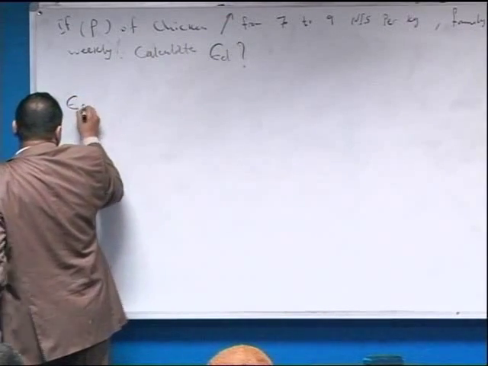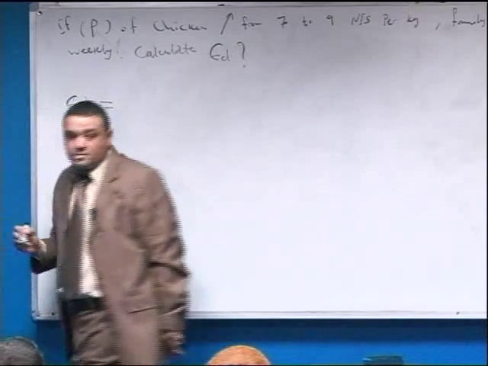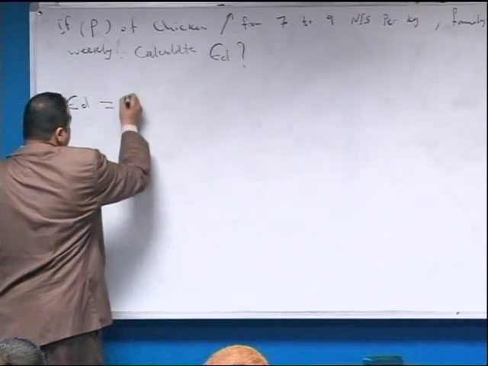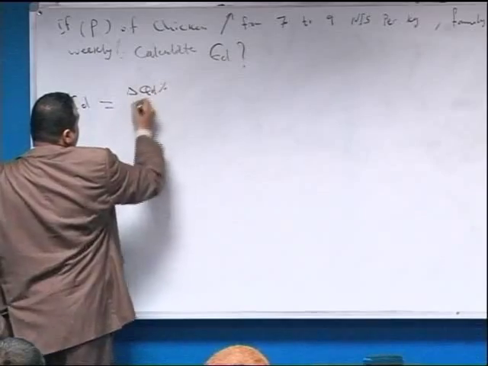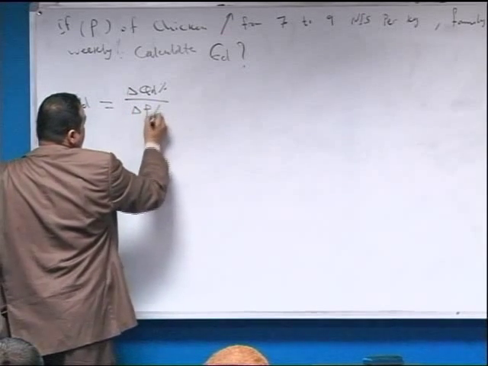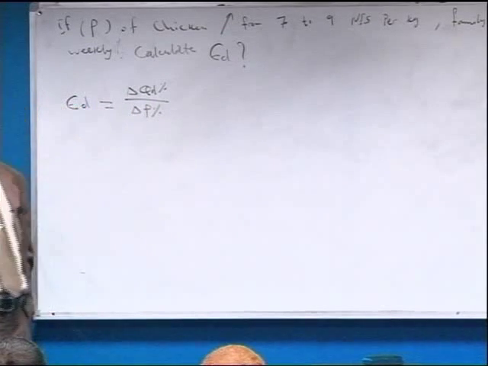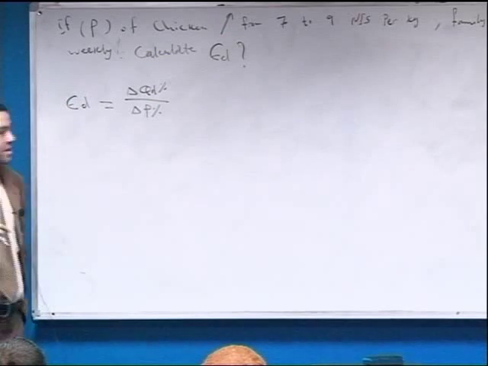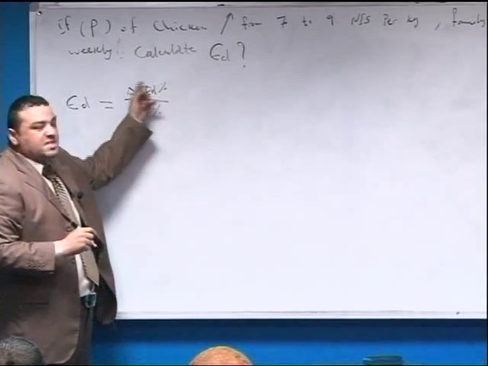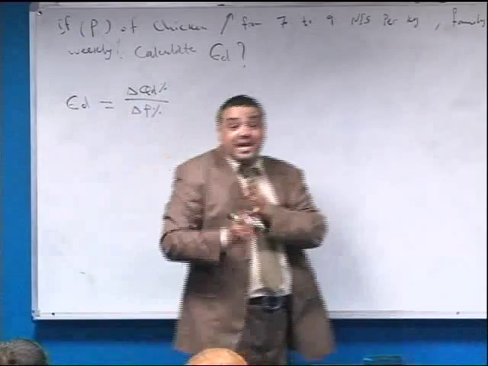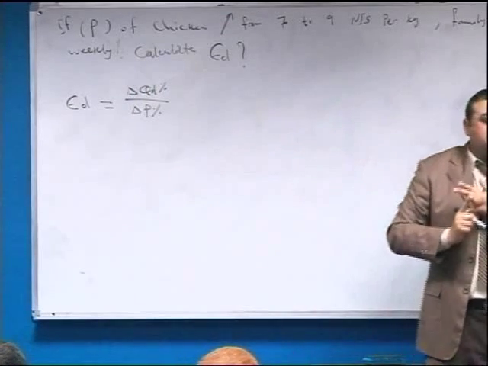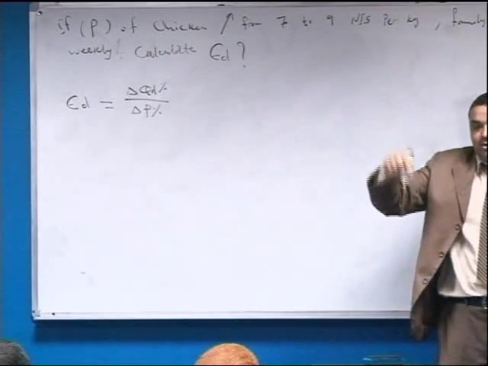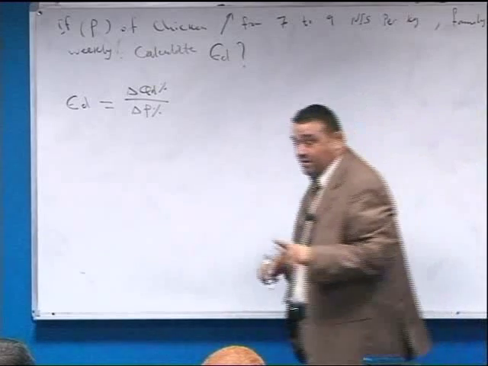ED equals delta QD percentage over delta P percentage, right? We have to calculate the percentage change in the quantity demanded and then the percentage change in the price, and then we can calculate the price elasticity of demand.